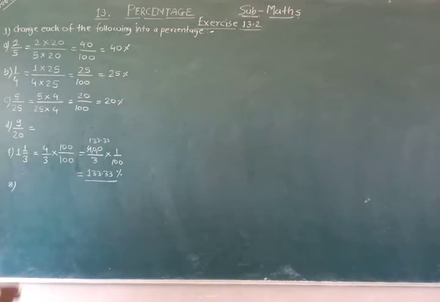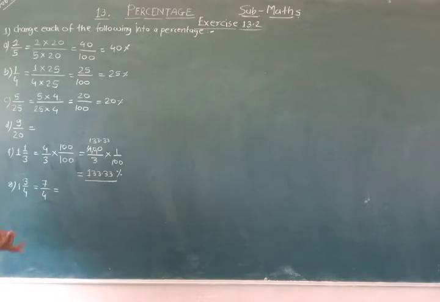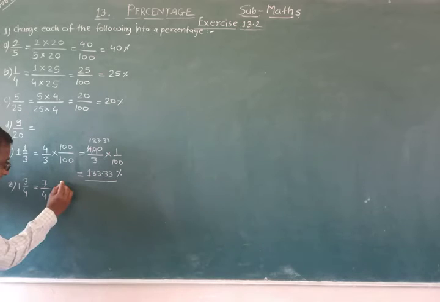Next, G: 1 integer 3 upon 4. Very easy example. In the denominator 4 is present, so you can solve easily. First convert into an improper fraction: 4 1s are 4, 4 plus 3 is 7, so 7 upon 4. Which number multiplied by 4 gives 100? 25. 25 4s are 100.